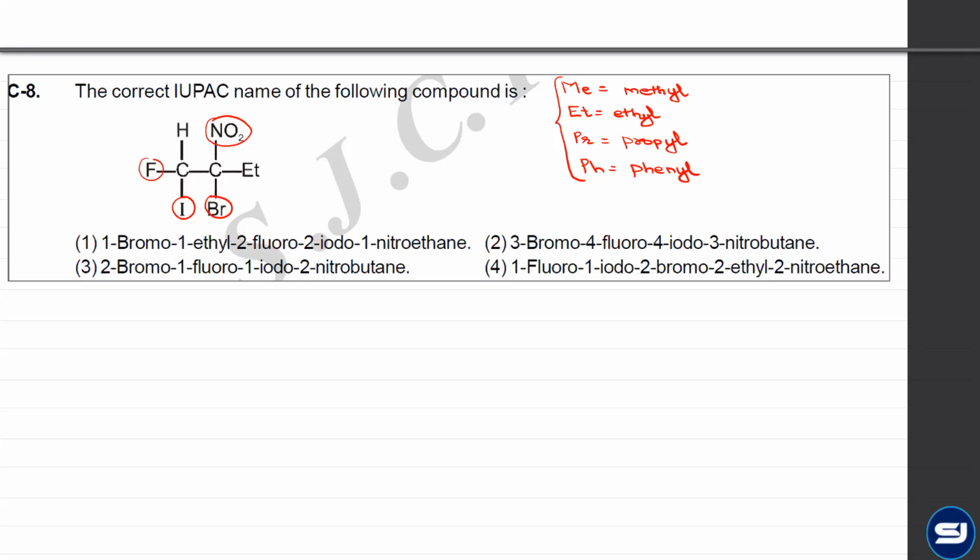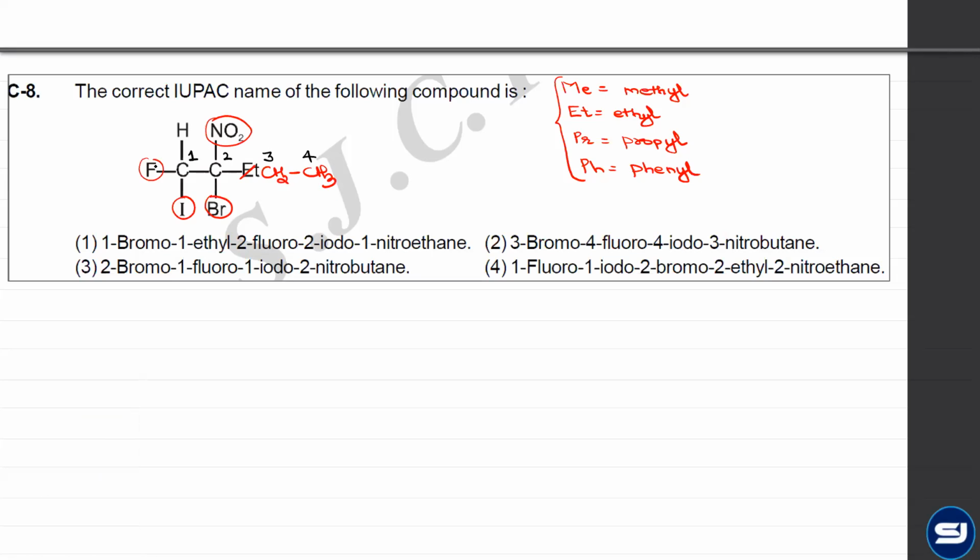You do not have to look at any priority, you only have to follow the lowest numbering rule. So this Et can be written as CH2 and CH3. So tell me, how many carbons is the longest chain? 4. And numbering is done from the left side, 1, 2, 3, and 4.